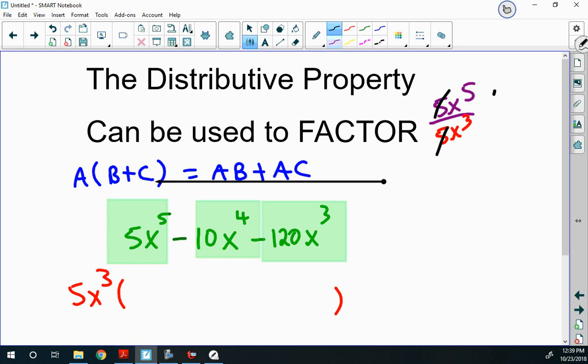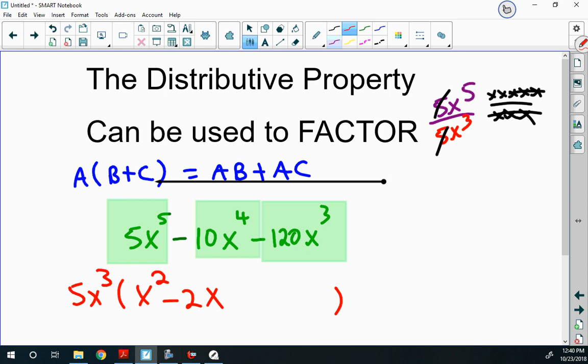X to the 5th over x cubed is x squared. These 3 cancel these 3. So what's that leave? X squared. And then what? Remember, we're dividing negative 10 by 5. So that's going to be minus 2, and we have x to the 4th divided by x cubed. So that's going to leave a minus 2x.